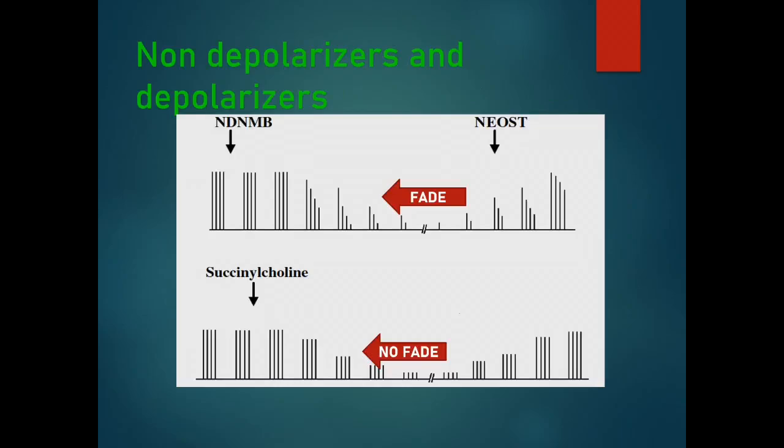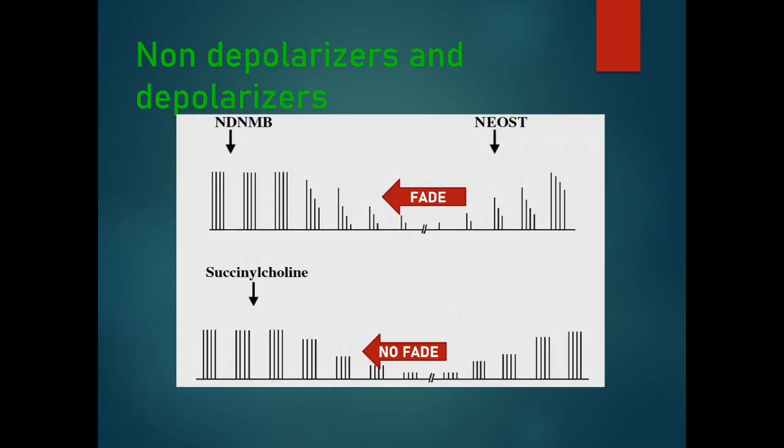As I told you, the difference between the non-depolarizers and the depolarizers is that the depolarizers usually do not produce any fade, but the height of the amplitude of all the four is reduced. Here, with succinylcholine after administration, the amplitude is initially the same and then it goes down, finally it disappears.